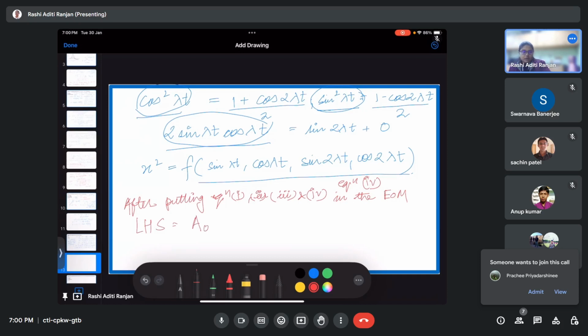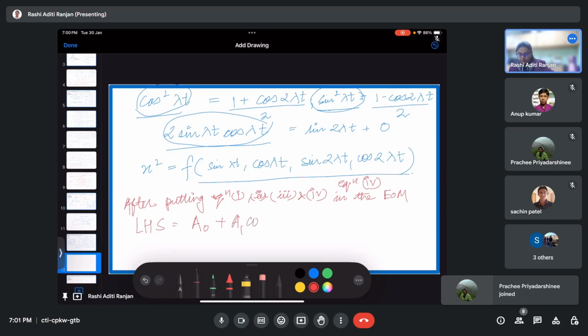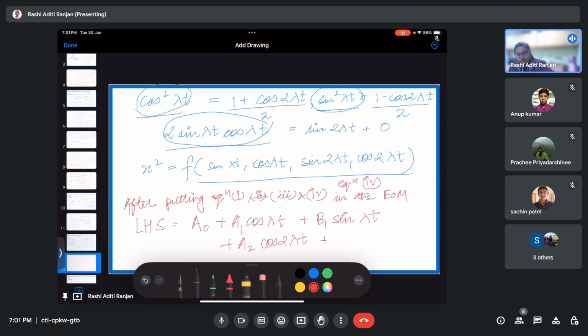I'm assuming A naught plus A1 cos of lambda t plus B1 sine of lambda t plus A2 cos of twice of lambda t and plus B2 sine of twice of lambda t.